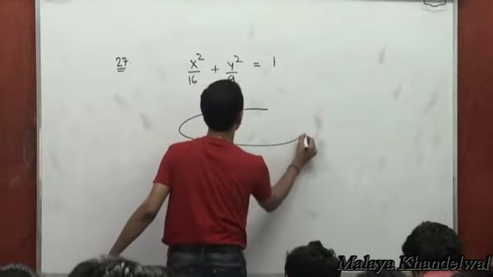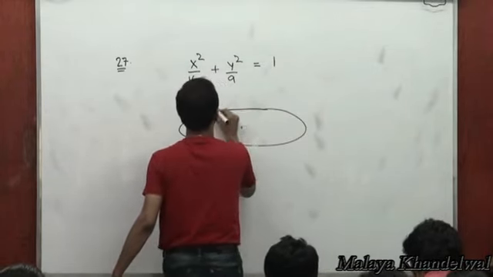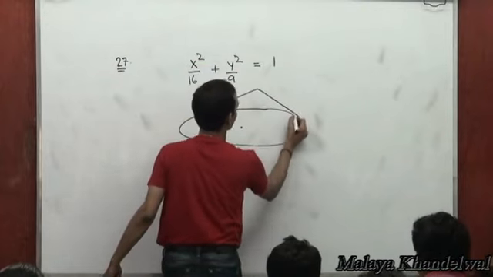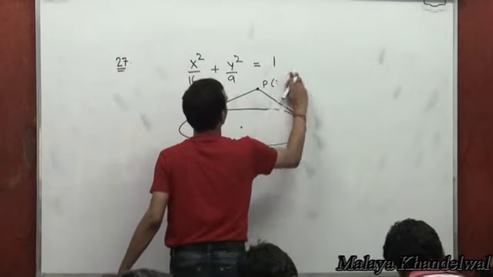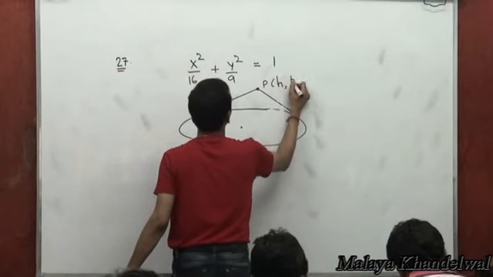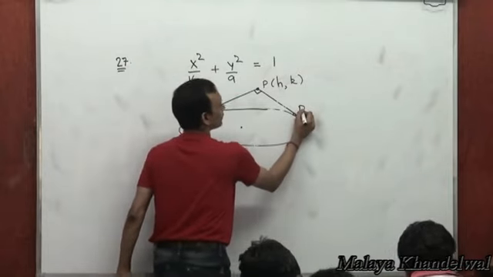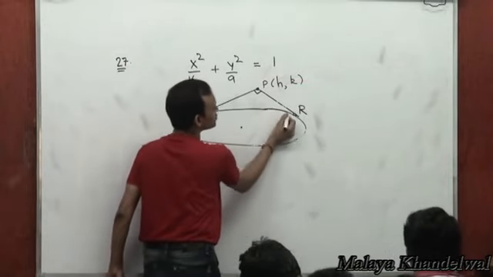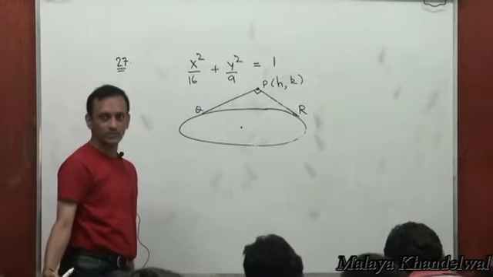What we have is, on this ellipse, from various points P(h, k), perpendicular tangents are drawn. PQ and PR are perpendicular tangents drawn from various points P.